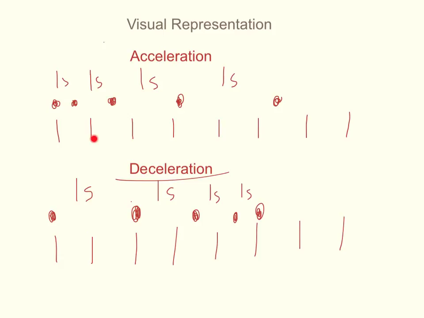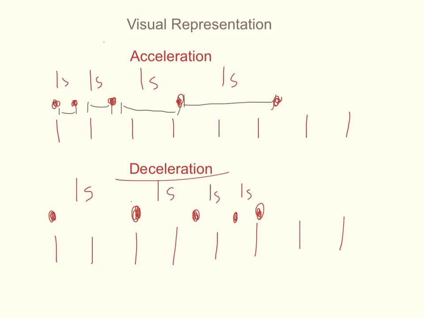Each hash mark is representing an equal amount of distance, and each dot represents our object 1 second further into its motion. So as you can see with our top example, the object is gaining a significant amount of displacement from 1 second to the next second.